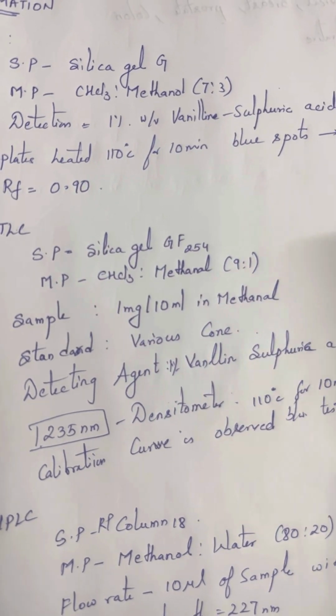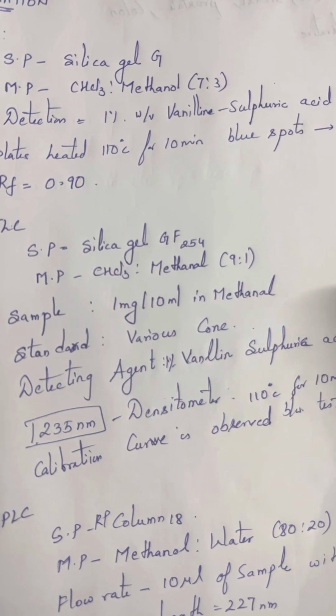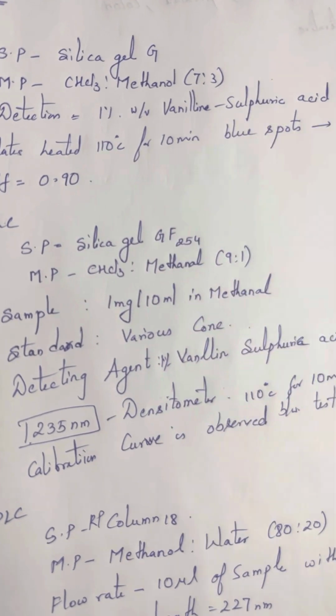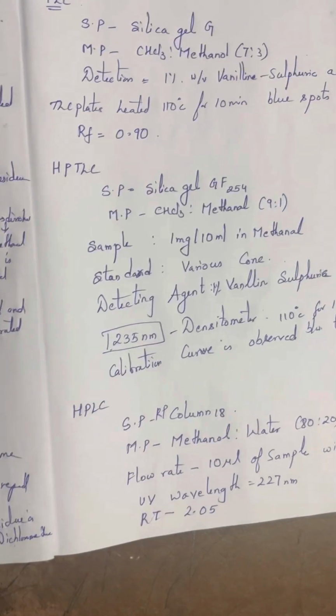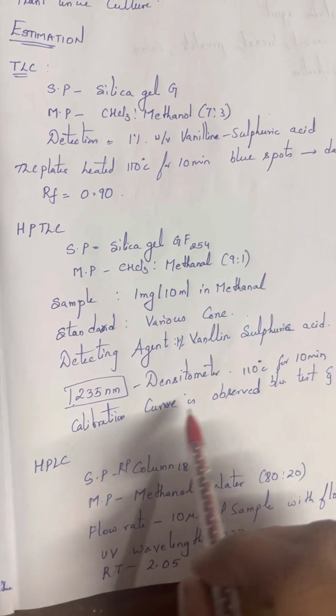Then you get beautiful peaks. These calibration curves are compared with each other, the test and the sample, and you will get the exact Rf values of the sample and the standard.